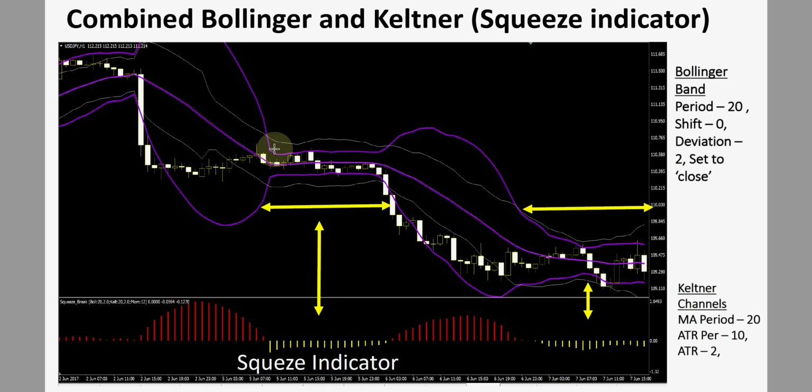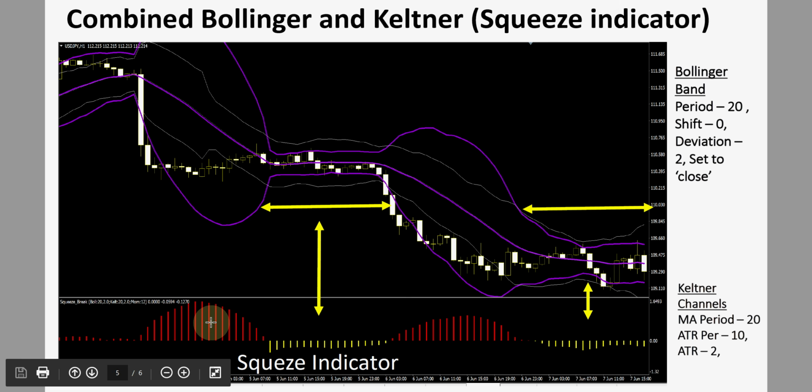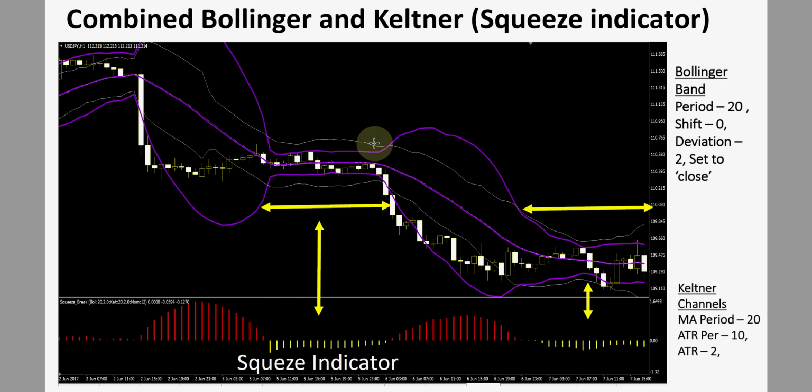So this squeeze indicator here can be applied to any instrument at any time frame. All this indicator is doing is to show when the Bollinger Band has gone inside the Keltner Channel. That is the extreme low volatility period, and it is very useful because we are preparing for an explosive breakout.